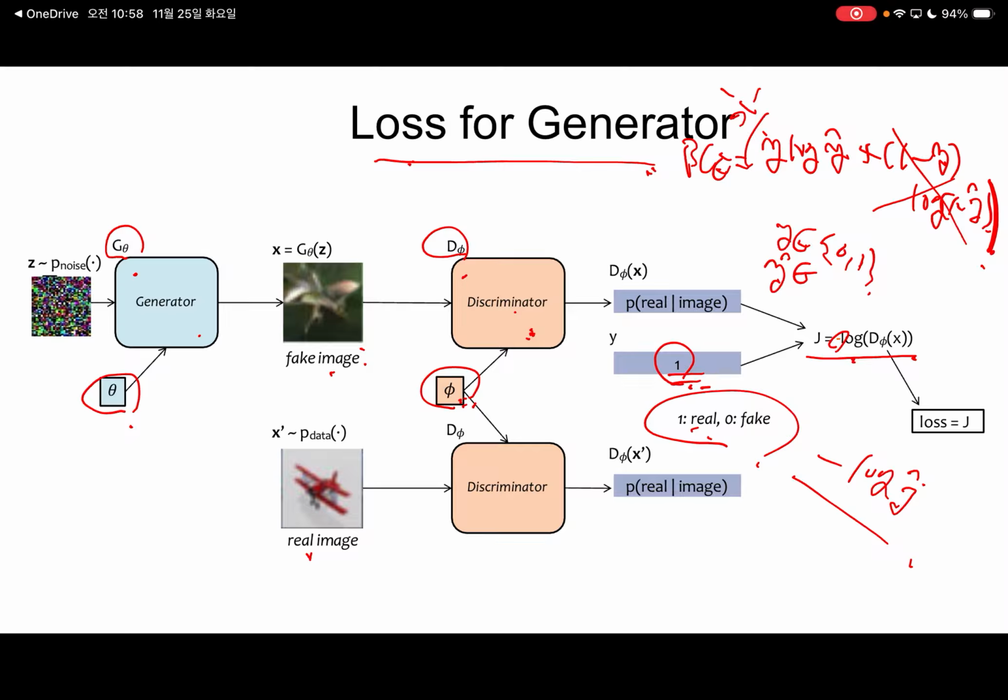You need to be aware of this minus sign: minus log y hat, where y hat is the estimated output. X is this fake image, and D phi is the discriminator. So we can pass X as input of D phi, and then y hat is D phi of X, right? So this is the loss function for the generator.